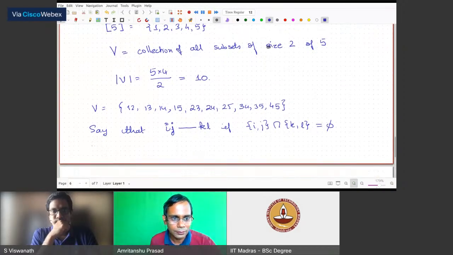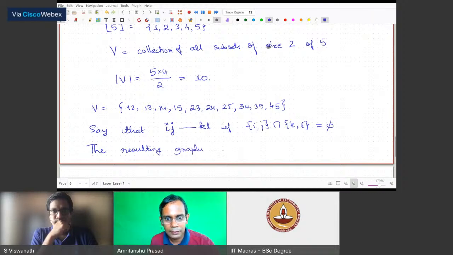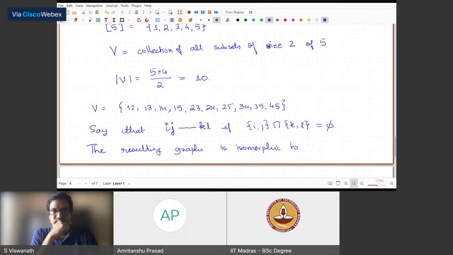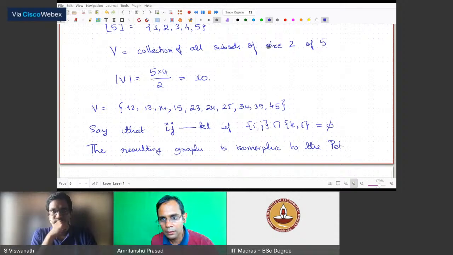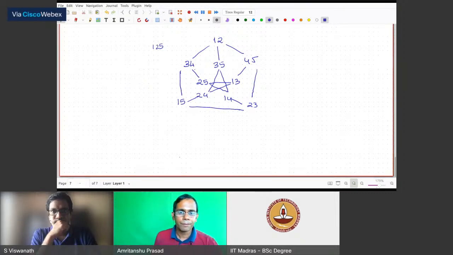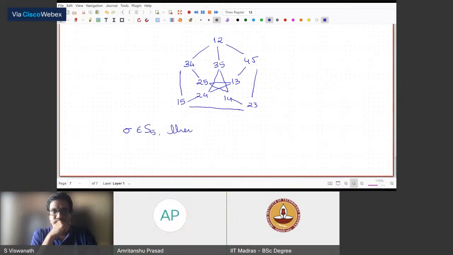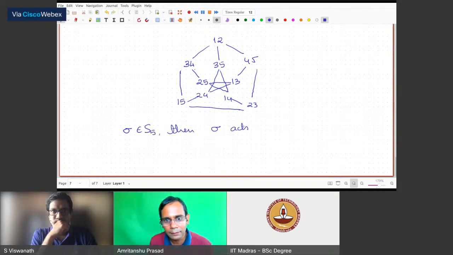So the resulting graph is isomorphic to the Petersen graph. Now if you have any permutation sigma in S5, then sigma also acts on V. How?